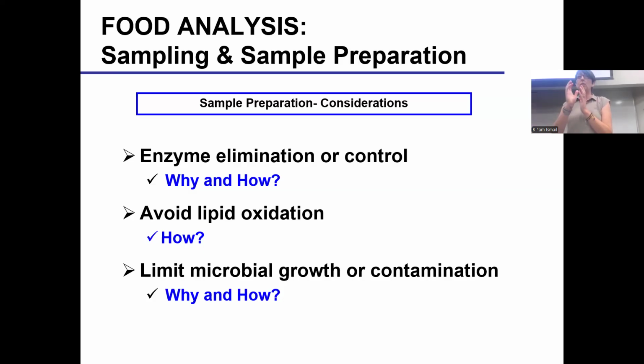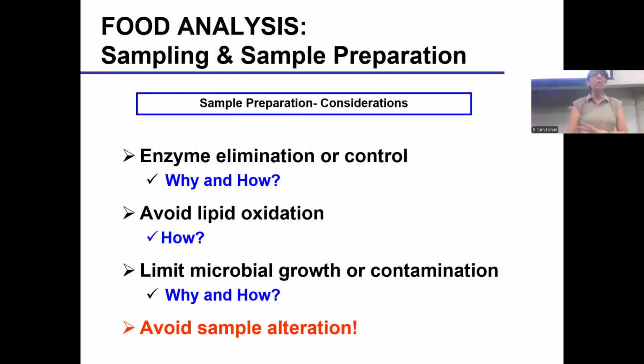You can also tight seal. You can put antimicrobial agents, store in cool and dry conditions. All right. So no matter what you do, you really want to avoid sample alteration. That is the number one rule in sample prep.